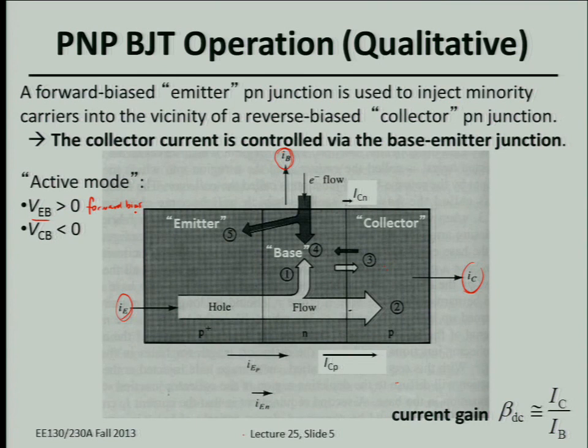We have the diffusivity of the electrons injected into the p side, and the gradient is proportional to the diffusion length of electrons in the p side. And then the equilibrium minority carrier concentration of electrons in the p side.